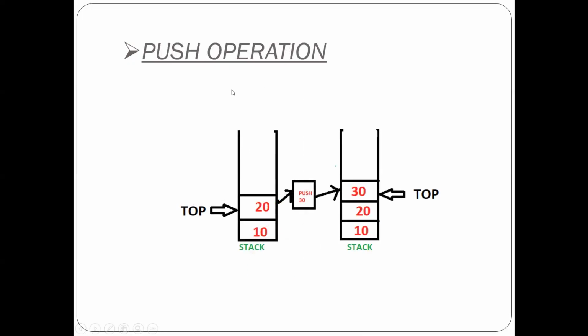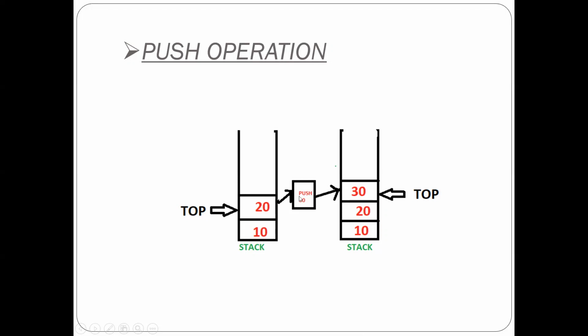Then how does the push operation actually work here? Suppose this is my original stack, which contains two atoms, 10 and 20, and I want to insert one more atom, that is 30. So we can apply the push operation. Currently the top is at 20, and now I want to push 30.